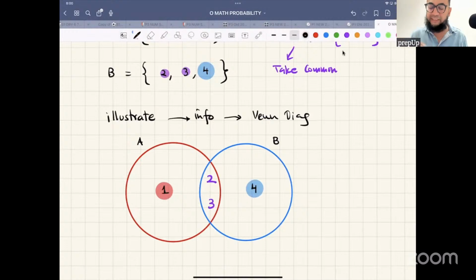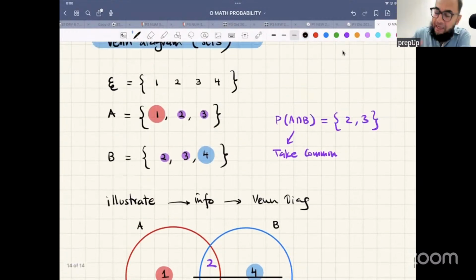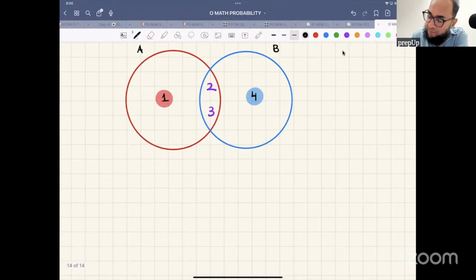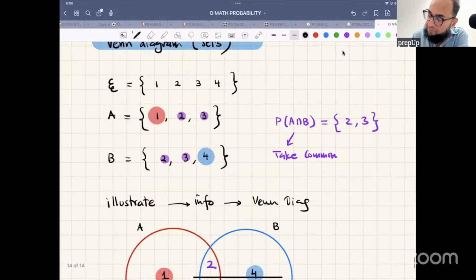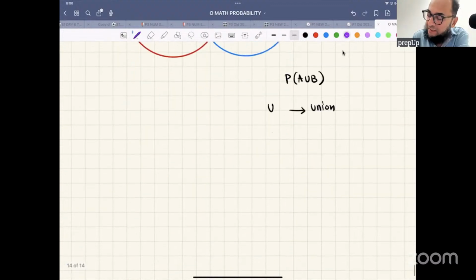Make sense? If I talk about probability of A union B, so this U stands for union and this thing stands for intersection. The upside down U, that stands for intersection. Intersection is take common.